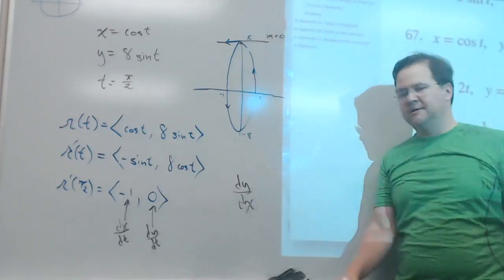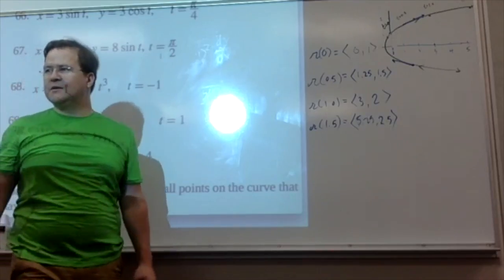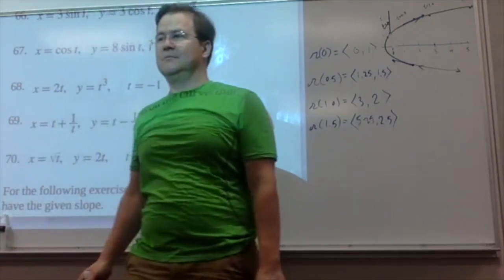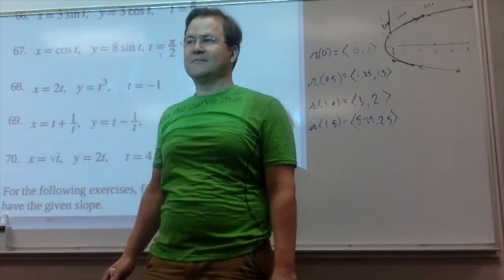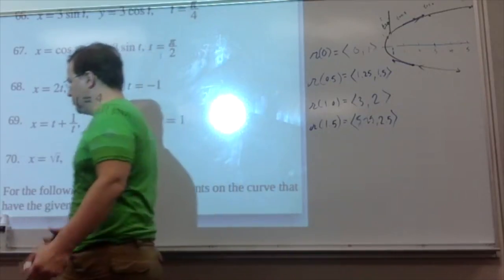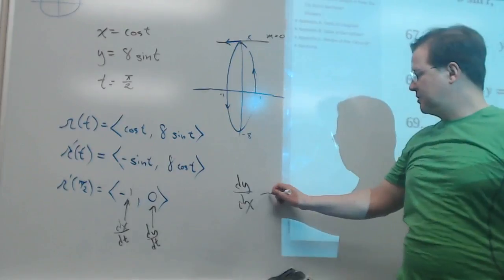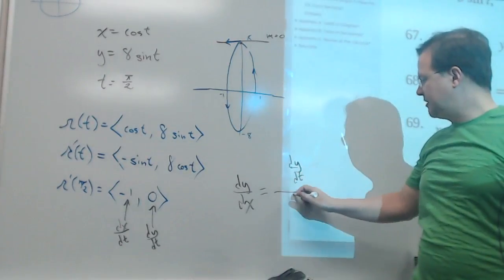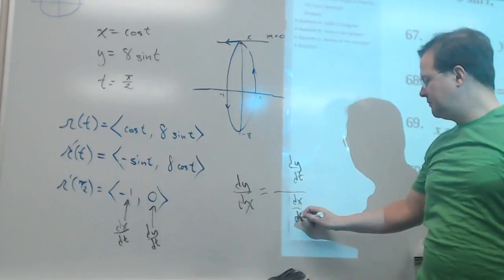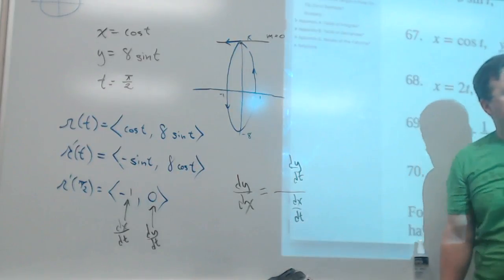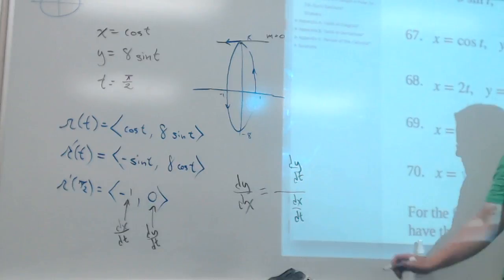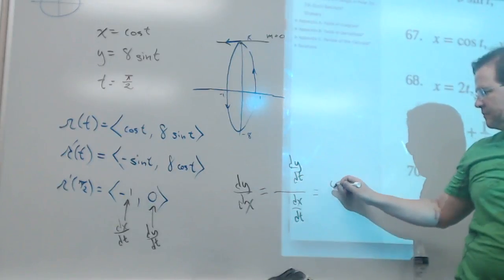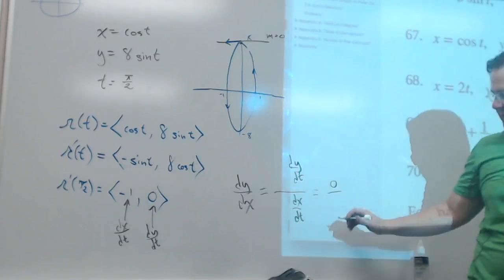What I really want is not dy dt, I want dy dx, and that's a different thing. The chain rule says that you can compute it by simply taking dy dt divided by dx dt. The dt's cross out.